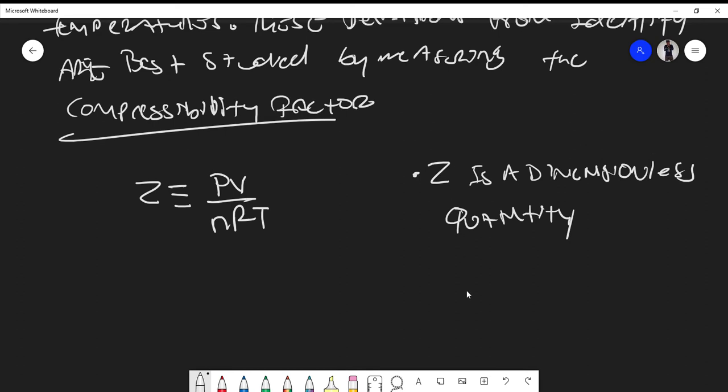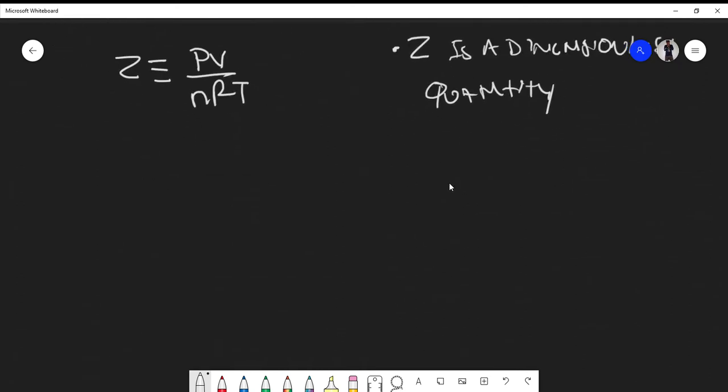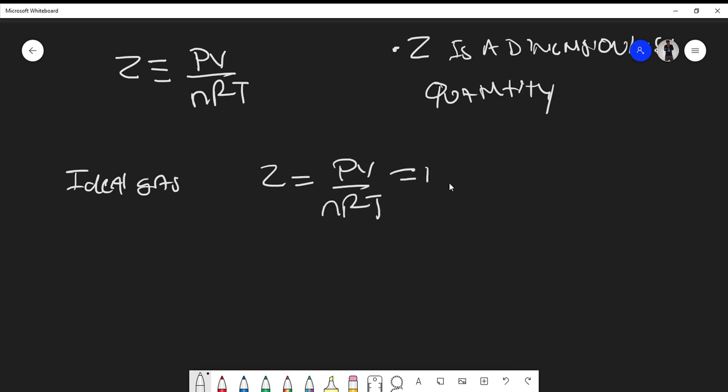Now, let's look at the difference. For an ideal gas, Z is equal to PV over nRT, which is equal to 1 at all pressures and temperatures.